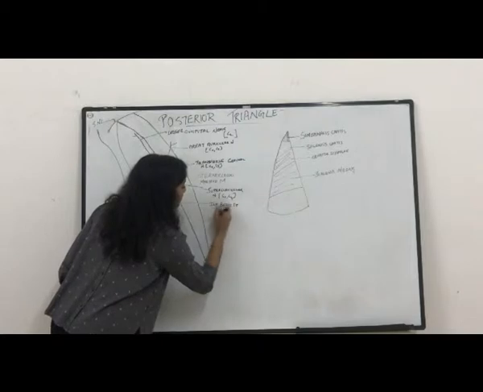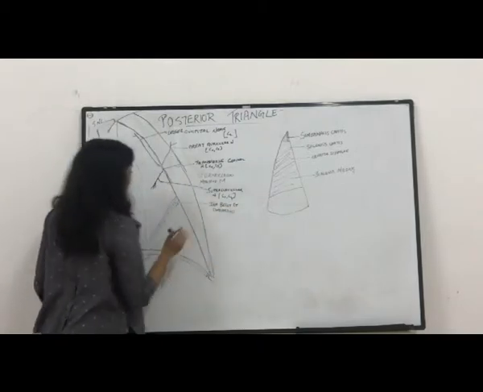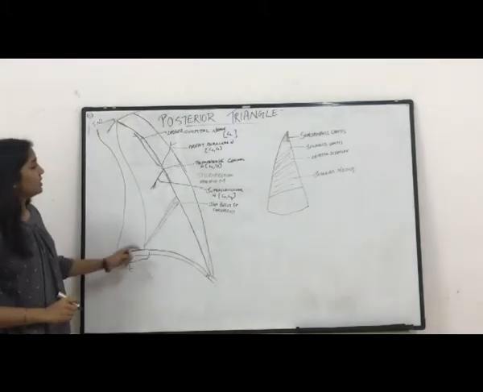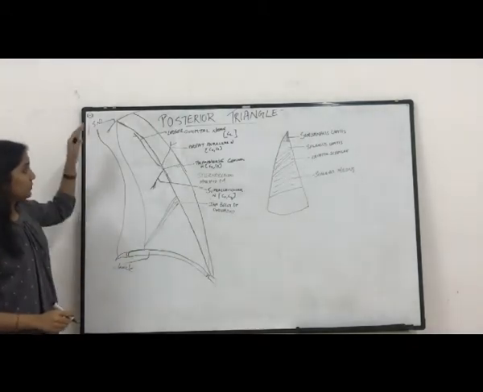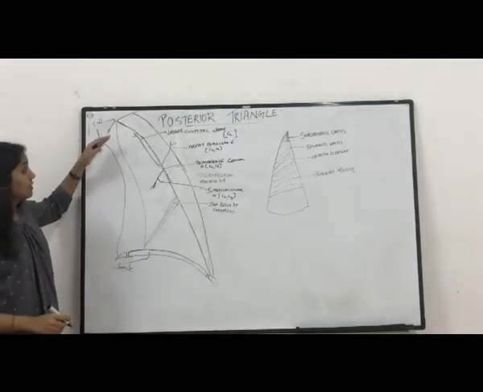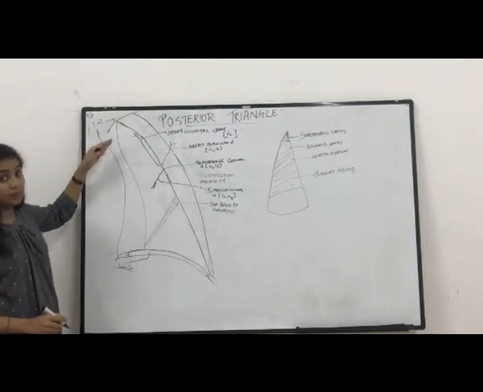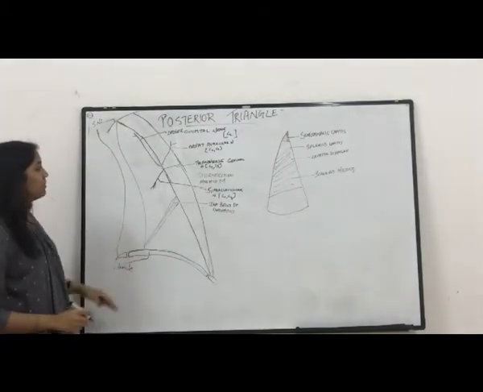This muscle divides the triangle into the large upper part and small lower part.